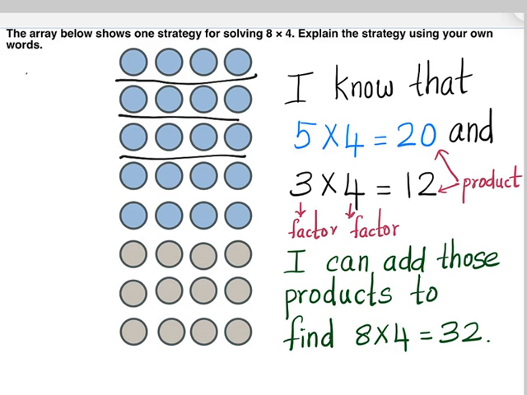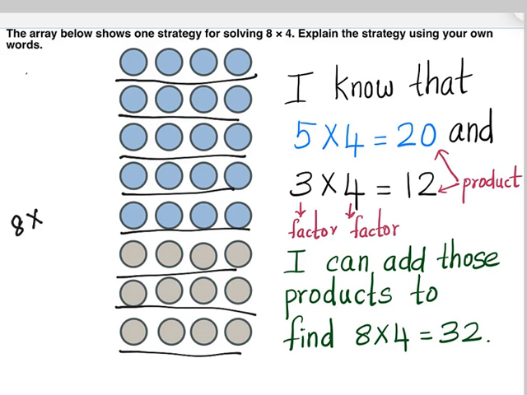The first row of circles, second row, third row of circles, 4, 5, 6, 7, 8. There are 8 rows of circles or 8 groups of 4. That is the total value of the array.